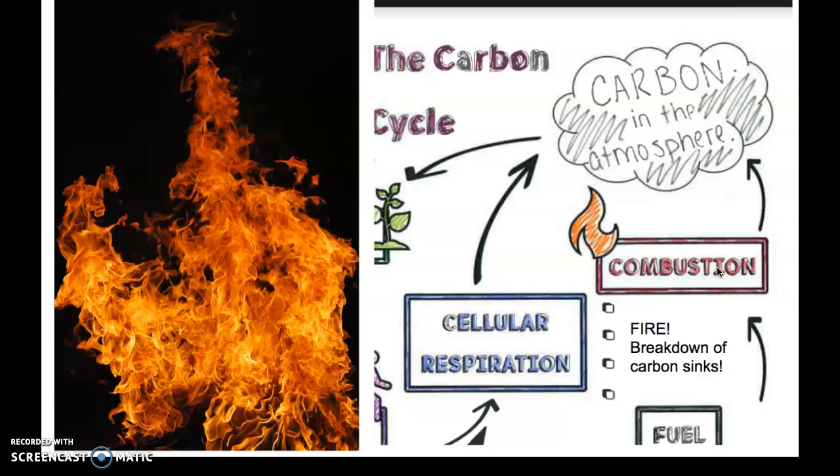But we are taking and using and releasing more than can naturally be filtered through the cycle. So we're producing way more carbon dioxide in the atmosphere than the plants can take in and need. So that's why we have an unbalance. And that's why we're experiencing some of our global warming and our greenhouse effect, because we are releasing too much carbon into the atmosphere.